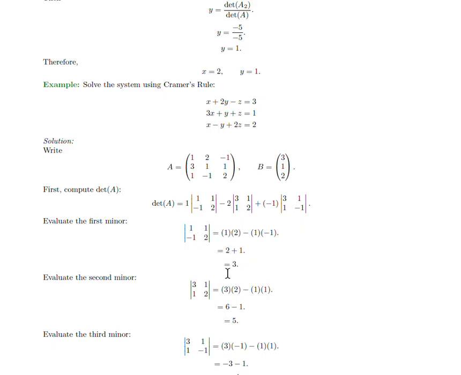That gives us 3. Now we'll move to the element on row 1, column 2. That's this 2. So we'll delete row 1, we'll delete column 2. We'll be left with 3, 1, 1, 2. Right?